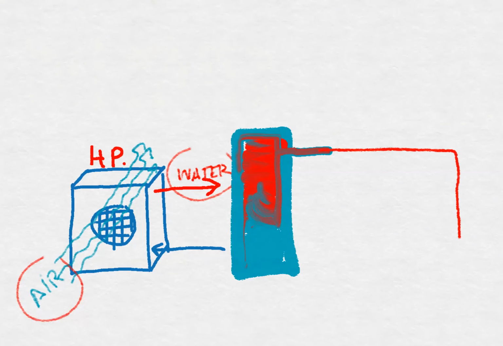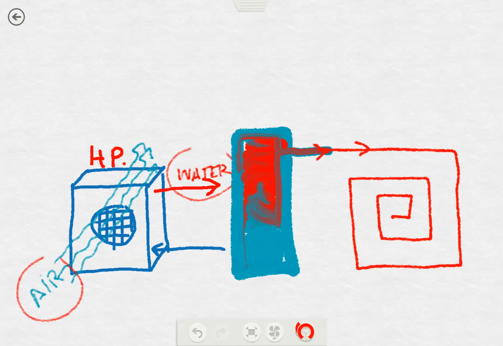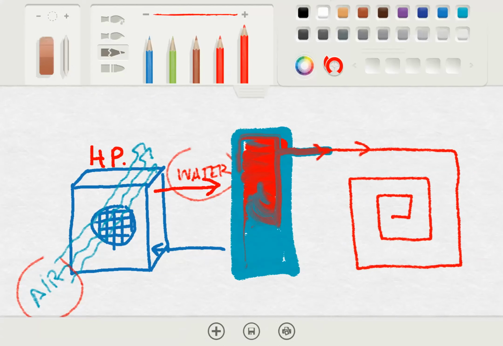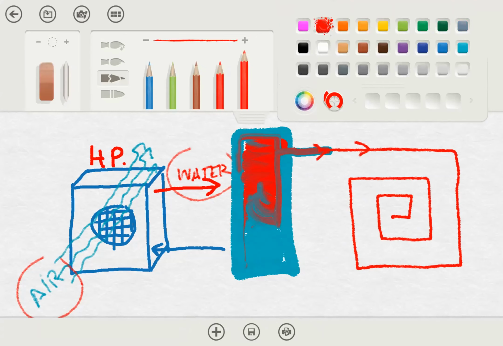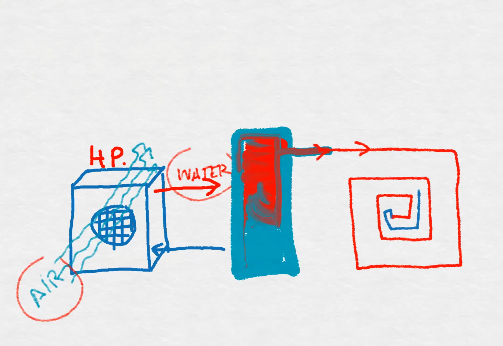Okay, usually the radiant floor, it's a spiral like this. Okay, so we circulate hot water, and then we release that heat, and then we have another pipe like this.